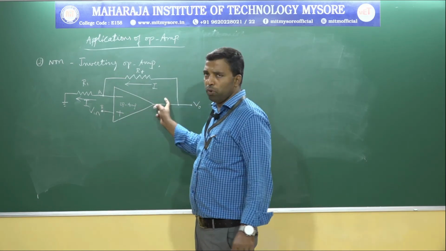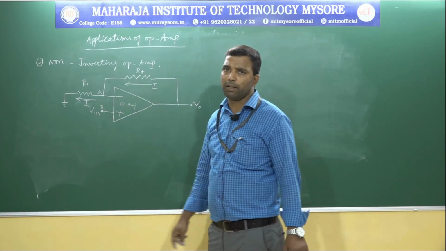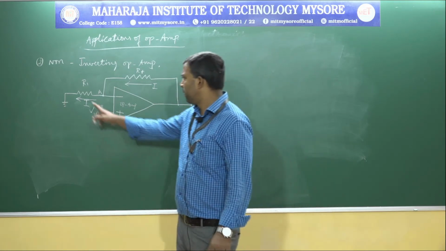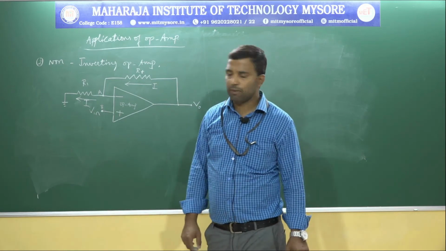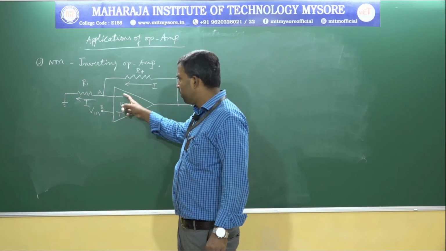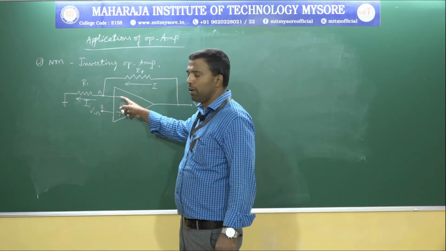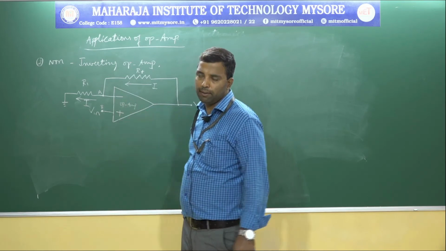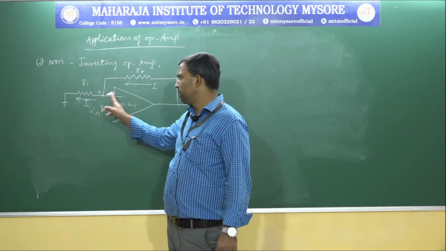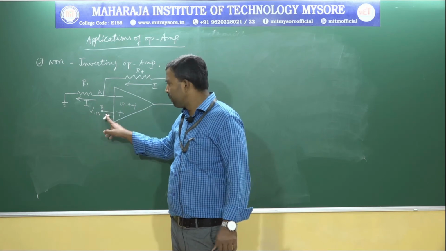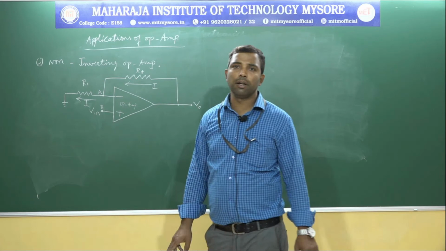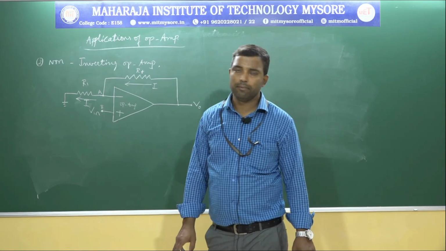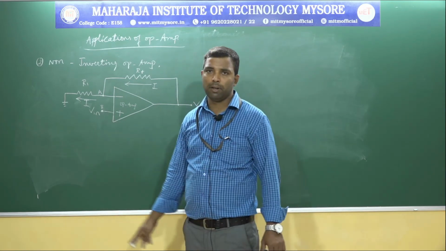Here is the closed loop with the help of the feedback resistor RF and the resistance R1, which is used as input resistance. There are two terminals, non-inverting and inverting. The inverting terminal is connected to ground and we are applying the input voltage Vin to the non-inverting terminal, that is the positive terminal.